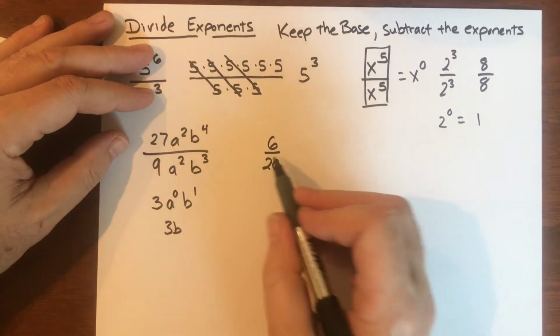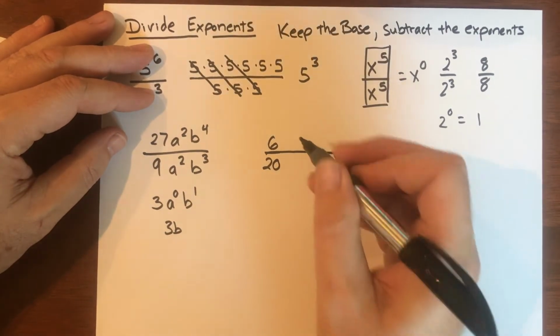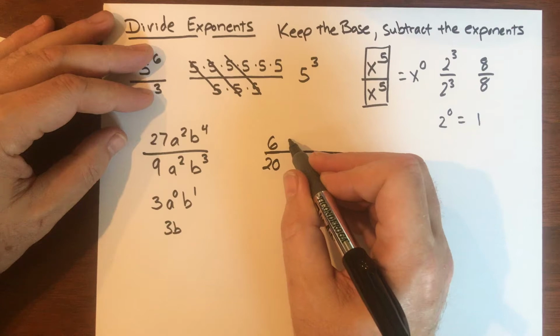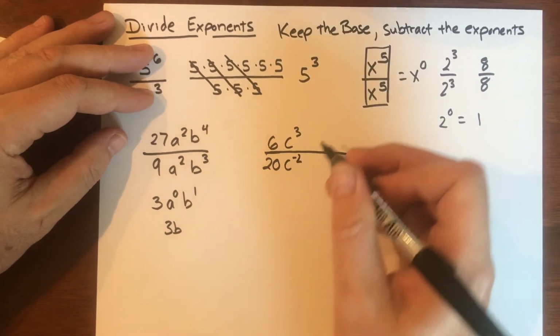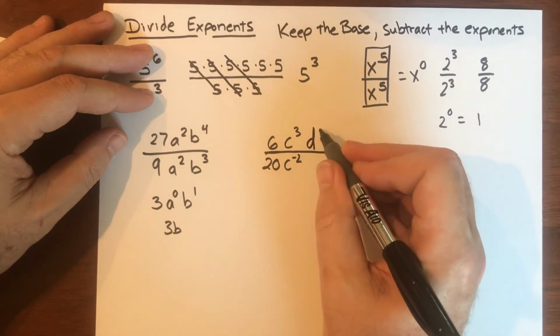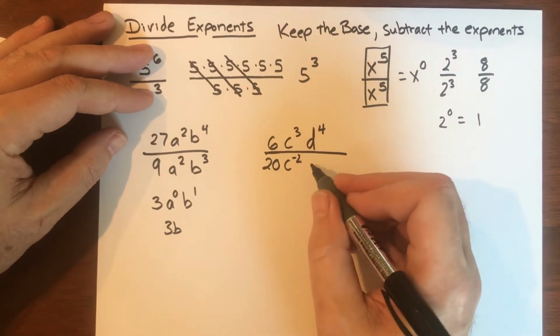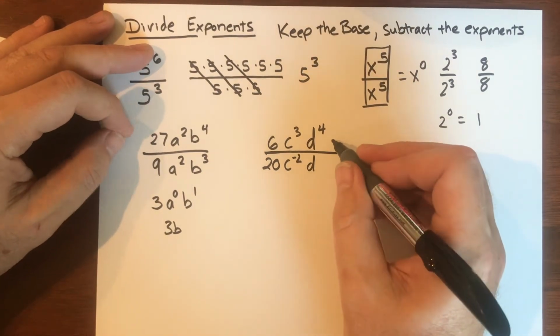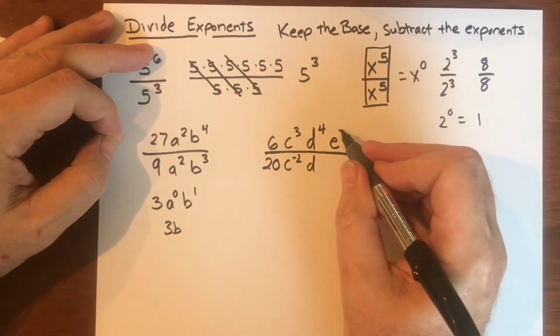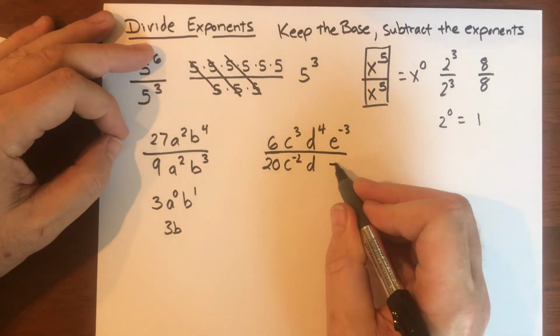Here's one version. Let's do c to the 3 over c to the negative 2. And then let's do d to the 4 over d. And let's just give you all of it right now. e to the negative 3 over e to the 2.